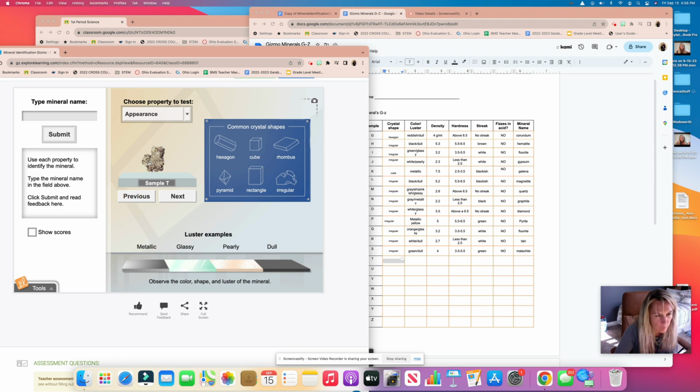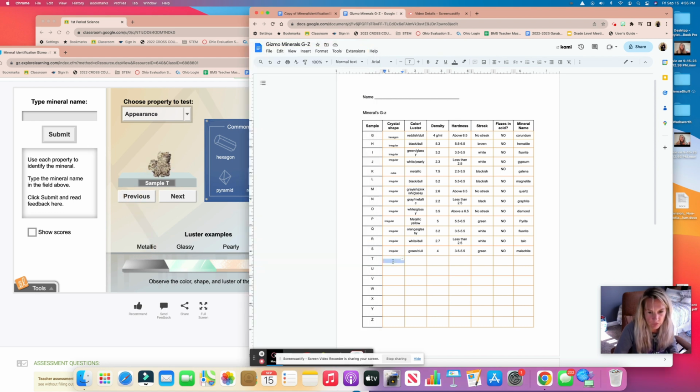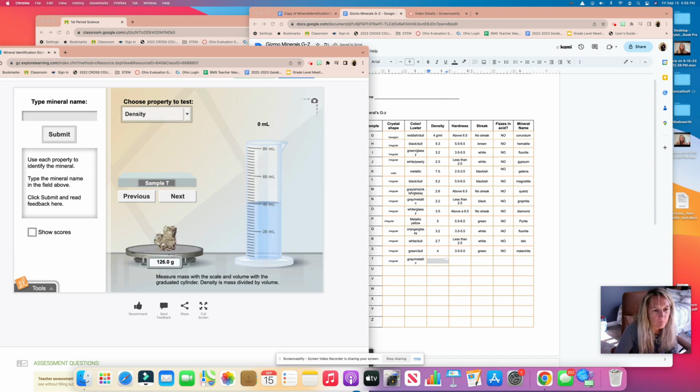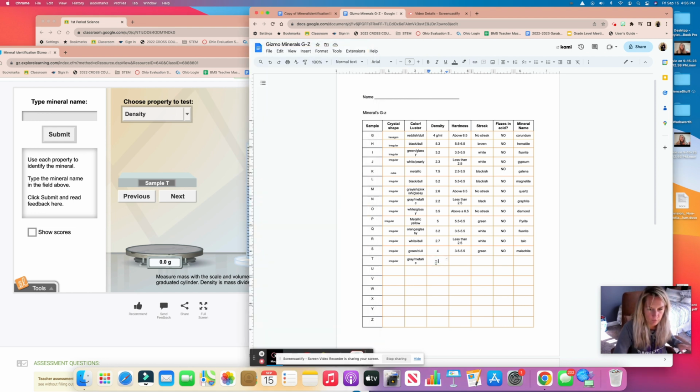So that would be T. So we would say irregular, gray / metallic. Try the density. Mass of 126 divided by a volume of 12, which gives us 10.5. So that's pretty dense.